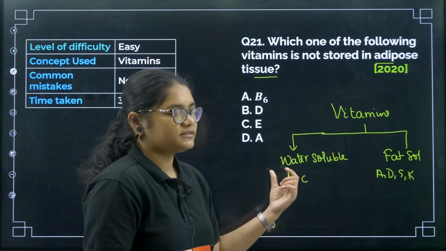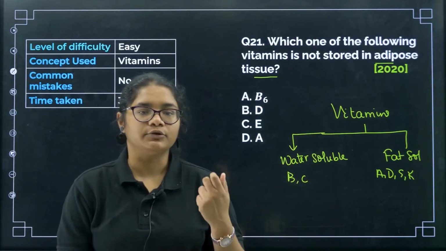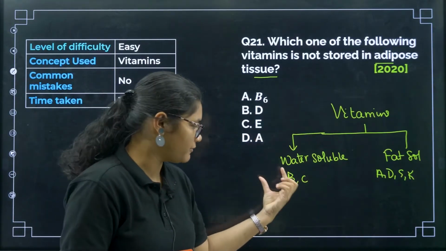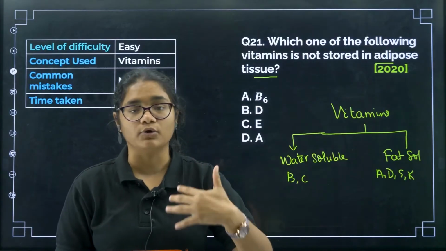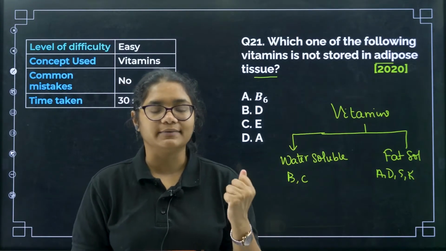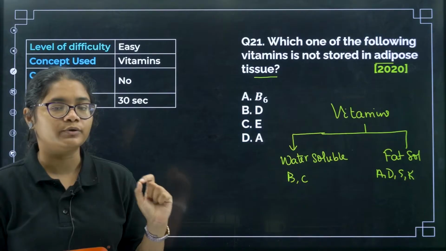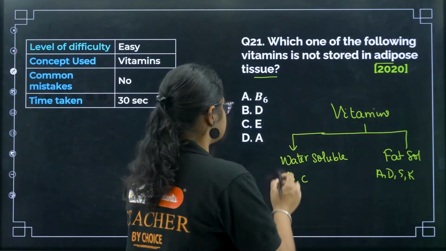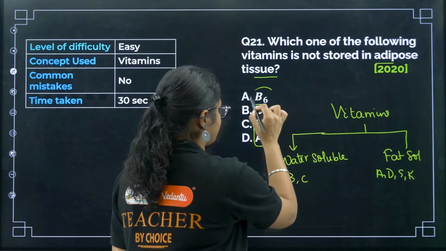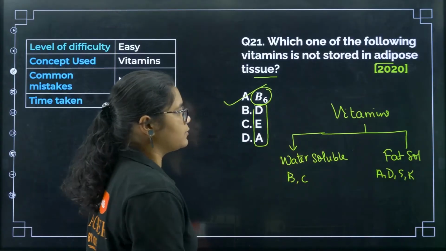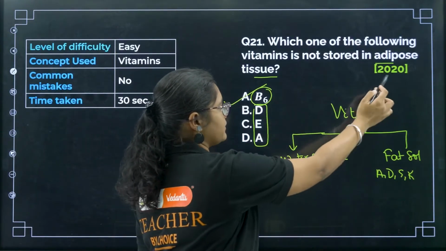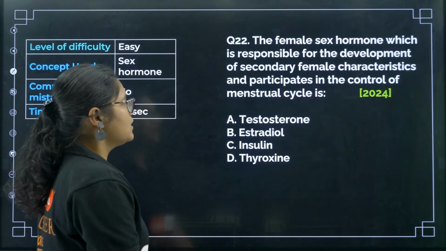If it is water soluble, when you urinate or sweat, these vitamins can be lost from the body. So that is why these vitamins cannot be stored in the body. Here A, D, E can be stored, but vitamin B cannot be stored, so that is why option number A. A 2020 question, again a very easy question.